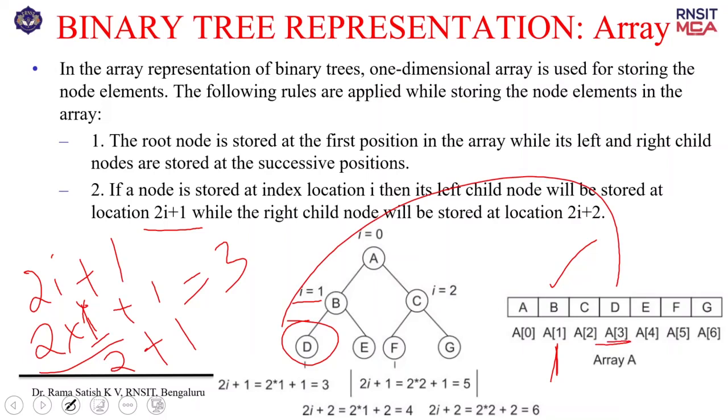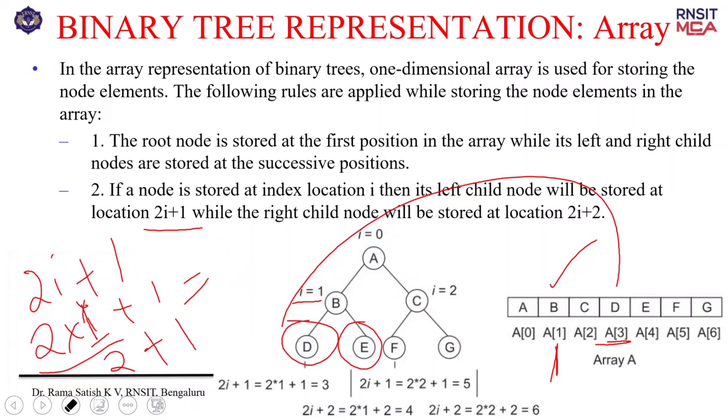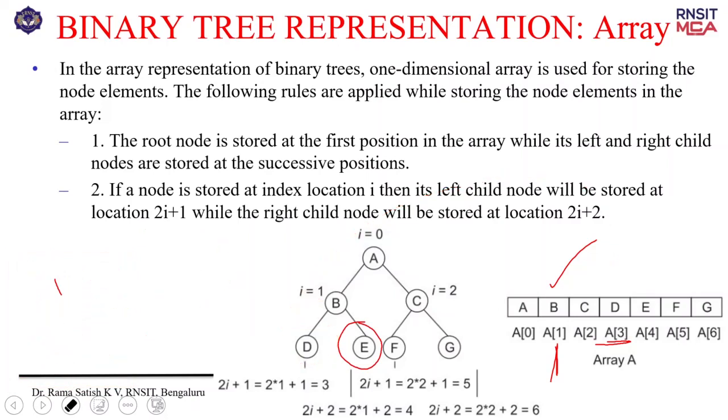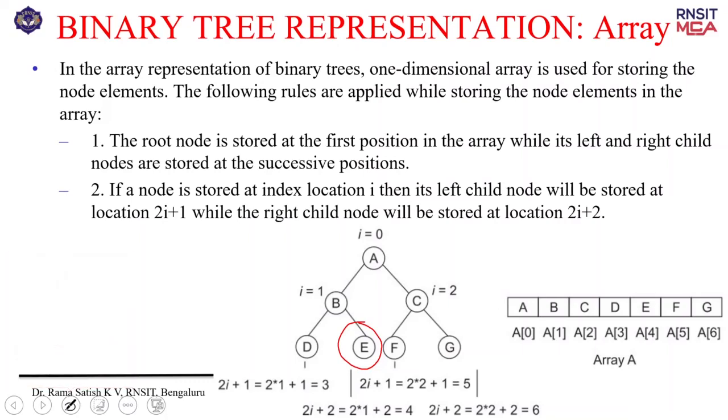Same way, E. I just erased it because of space constraints. Next, I want to store E. You know very well that E is a right element, and for the right element the formula is 2i plus 2. Here i is the parent position.